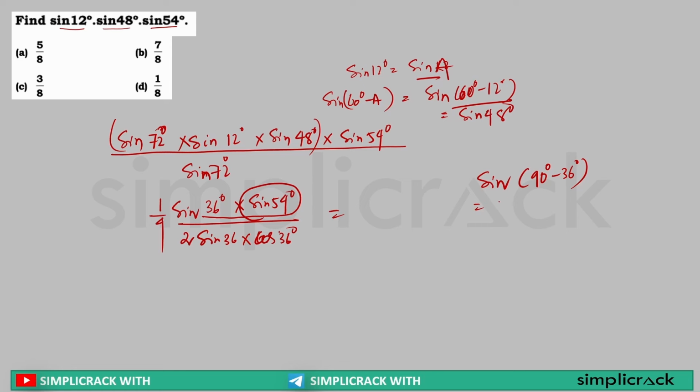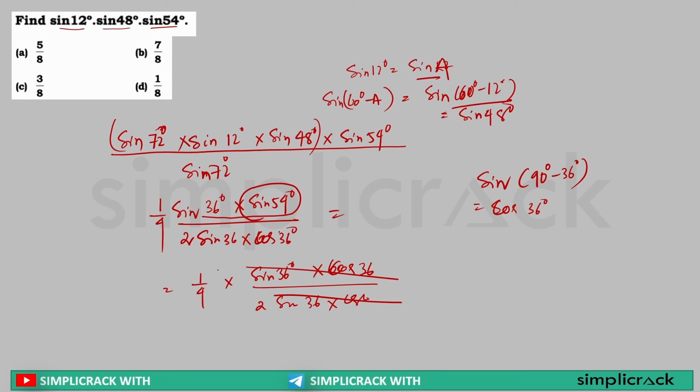Sine 90 degree minus theta is equal to cos theta. Here I can write 1 by 4 into sine 36 degree into cos 36 degree divided by 2 sine 36 degree into cos 36 degree. Sine 36 is crossed out, 1 by 4 into 1 by 2 is equal to 1 by 8. Answer option D. Clear?